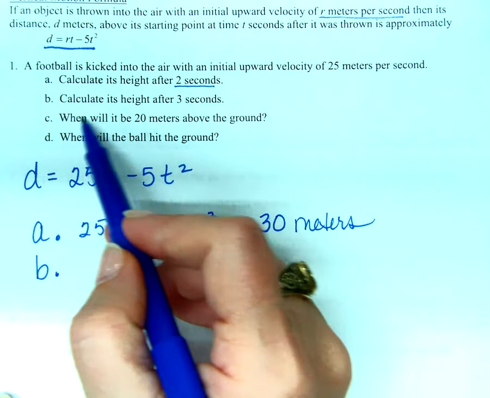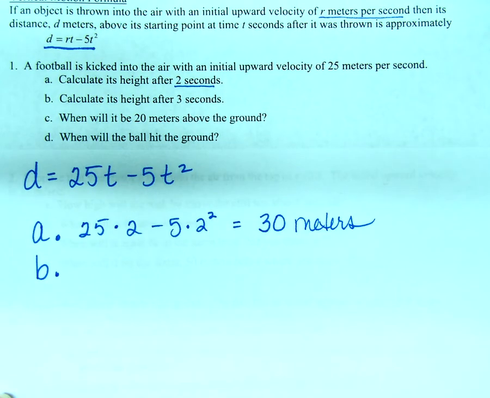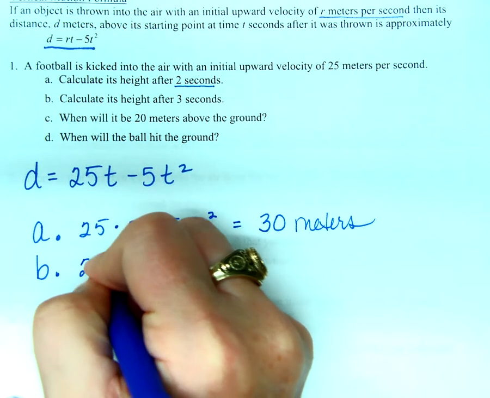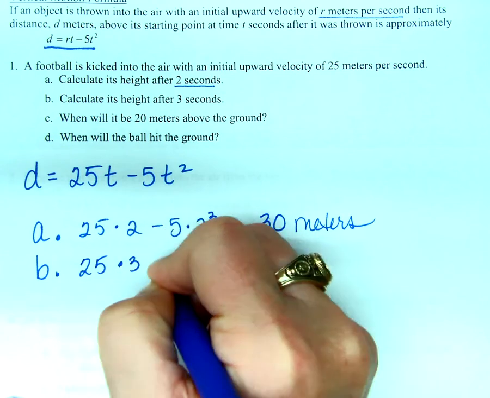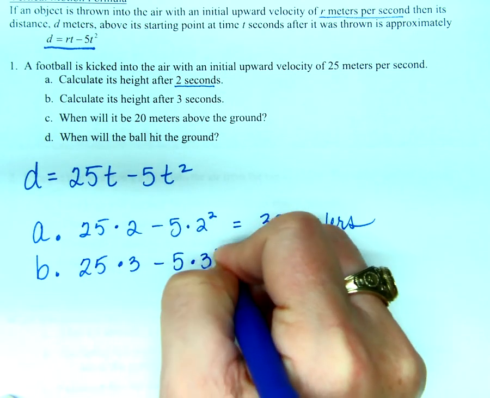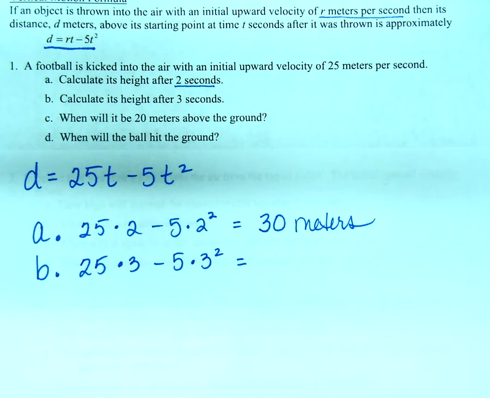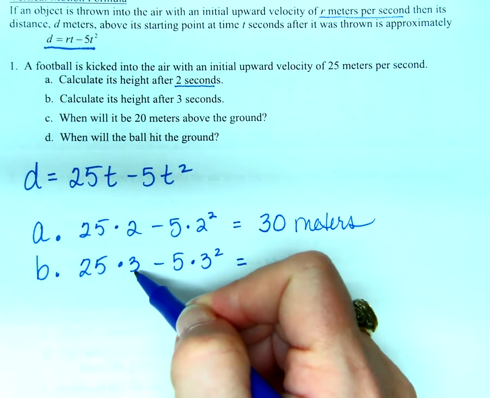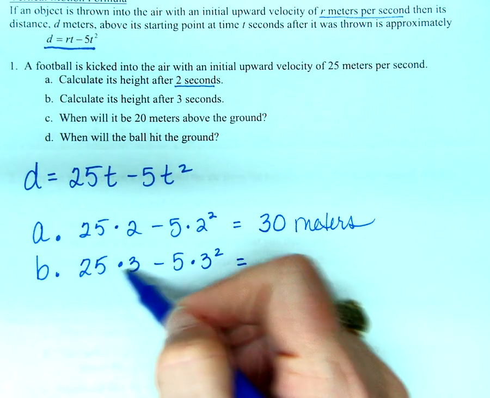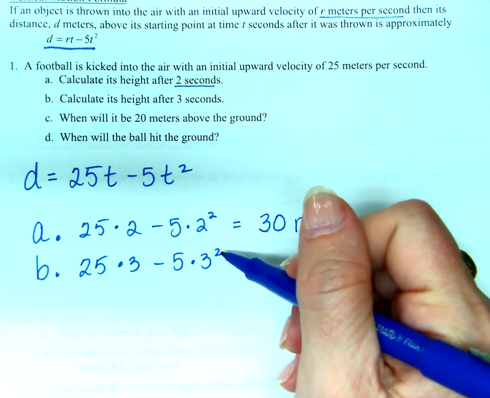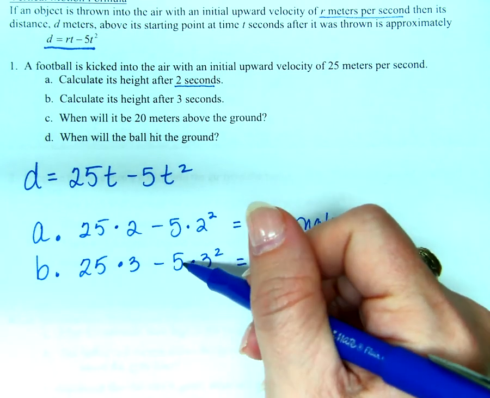Part B, calculate its height after 3 seconds. So 25 times 3 minus 5 times 3 squared. Ethan, can you get that, please? What is 25 times 3? 75. What's 3 squared? 9 times 5.